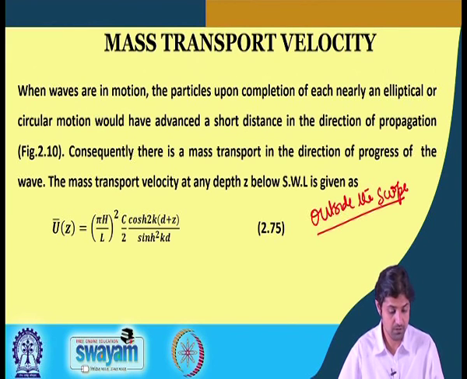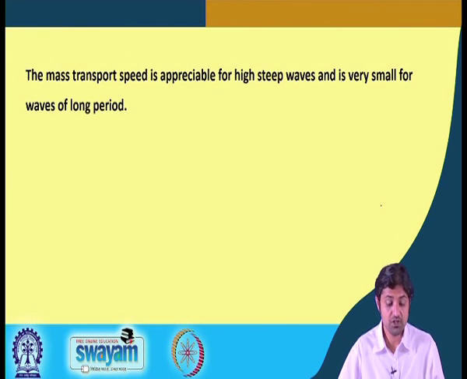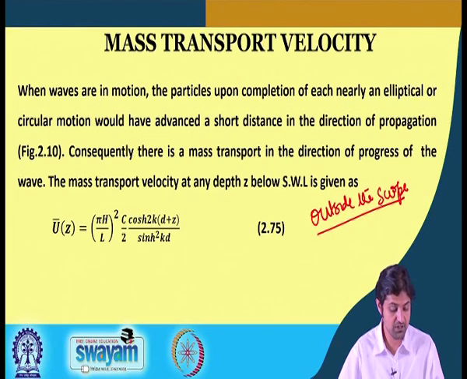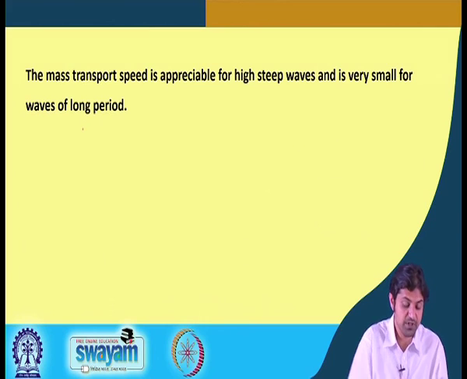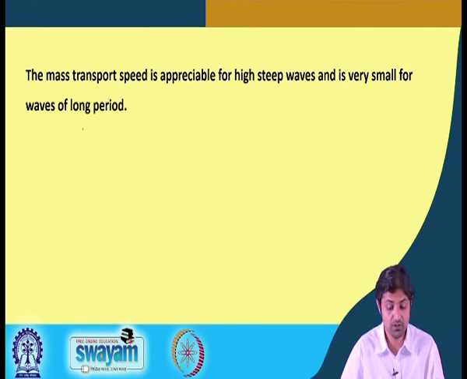All right. So, the mass transport speed is appreciable for high steep waves and very small for waves of long period. You can see this equation. So, if it is a long wave, the mass transport is very less, because if the period is long, the length is long. It is a high steep wave, which means it is directly proportional to H square. So, the mass transport will be high for the higher waves.